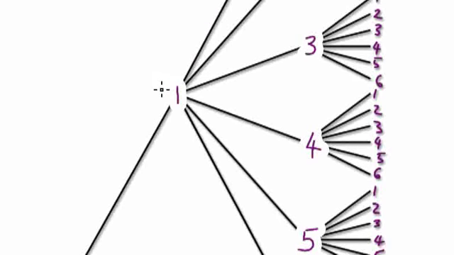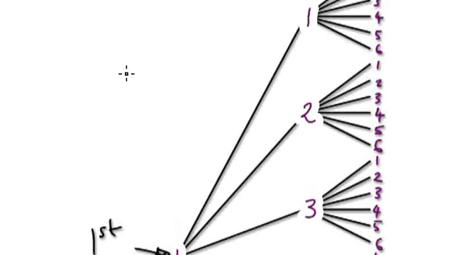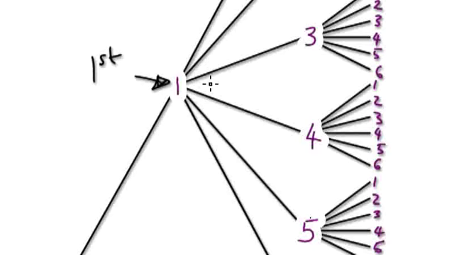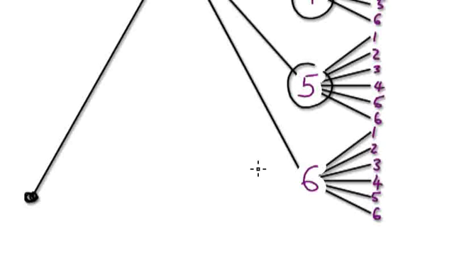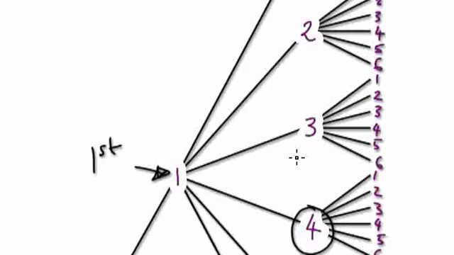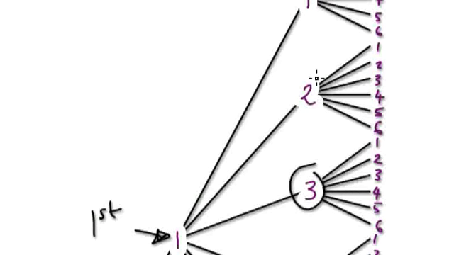This is our first die, and after the first die, we could get a 1, a 2, a 3, a 4, a 5, or a 6. All of these represent our second die, and once we've got a second die, we would then jump to a third die.